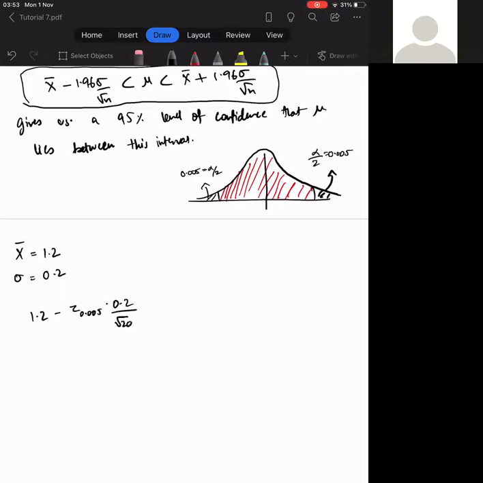This is less than mu less than 1.2 plus the same.